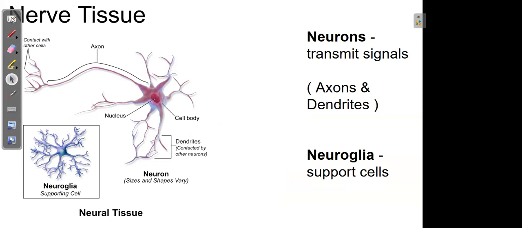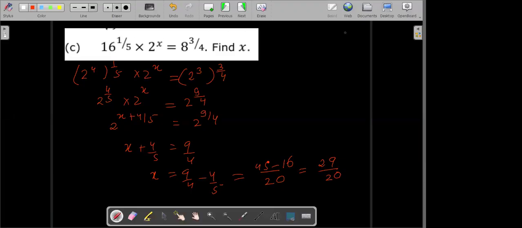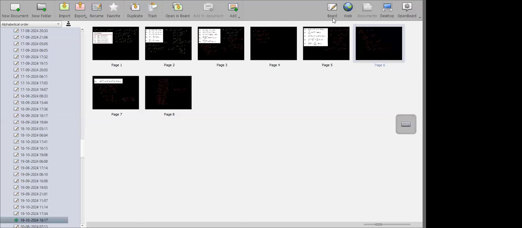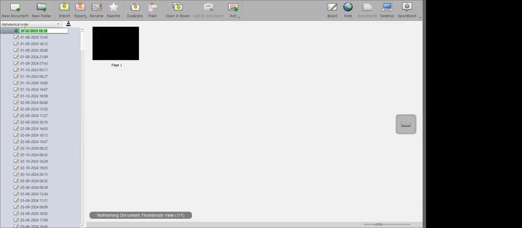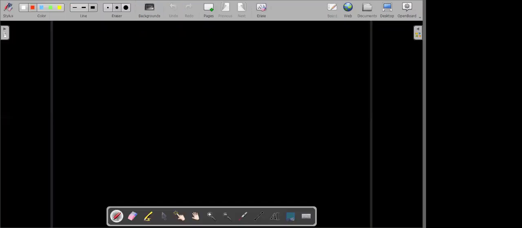I'll show you the diagram of all of them once more. To see how a smooth muscle looks like.